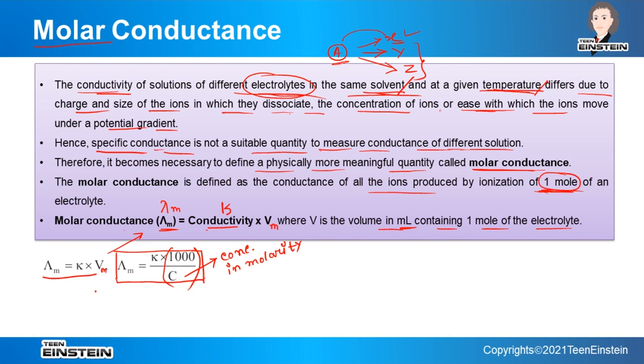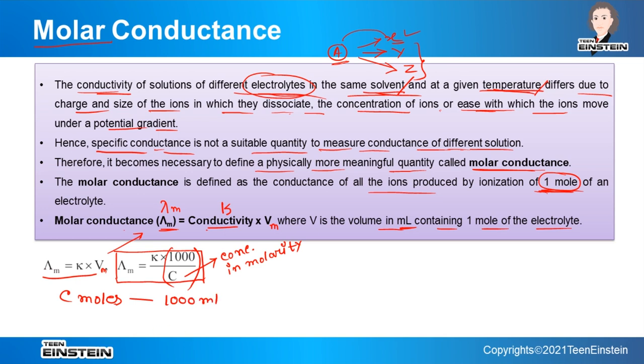As C is molarity, according to the definition of molarity, it means that in 1 liter solution, C moles of the electrolyte is present, and 1 liter means 1000 ml or 1000 cc. So now we can say that C number of moles are present in 1000 ml. Why are we using ml?